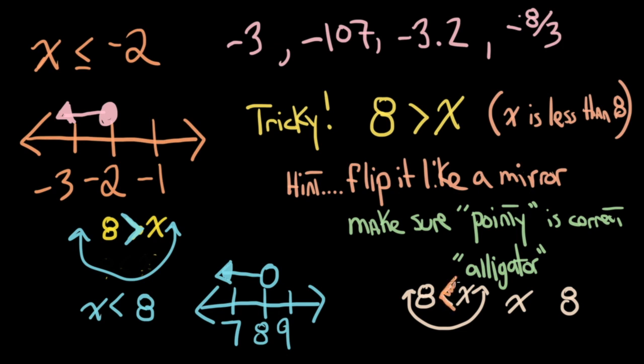It's like it's eating the x, right? So when you flip it, you got to make sure that the alligator is still eating the x. There's my alligator. There's the eyes. There's the big alligator body. Is it still eating it? Yes. So just make sure that either the pointy part is sticking to the x, or the alligator just continues to eat it.